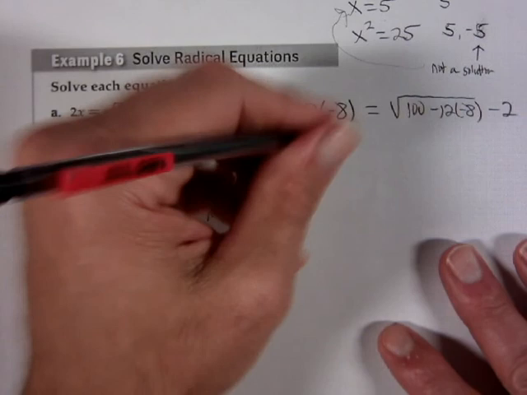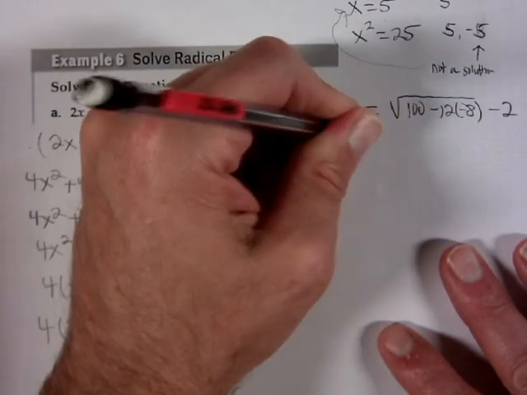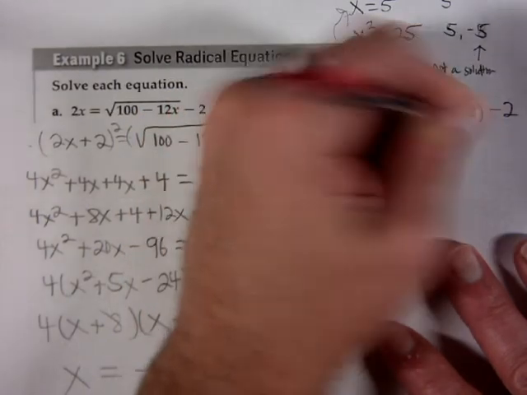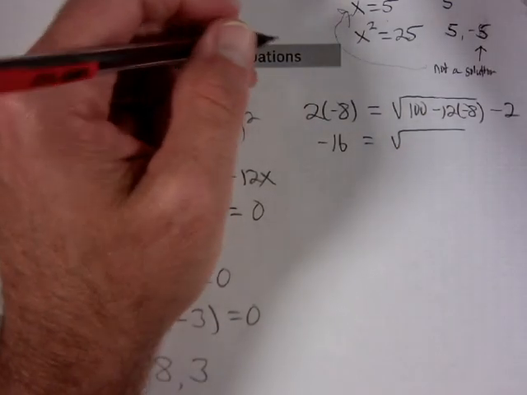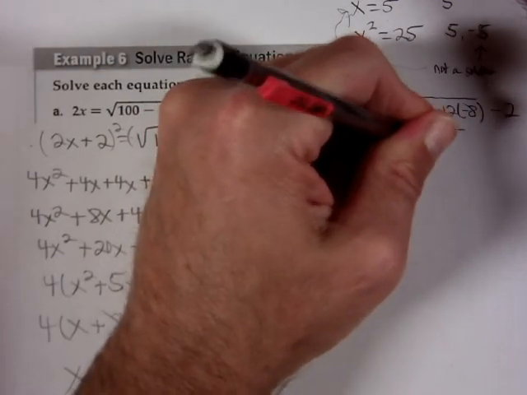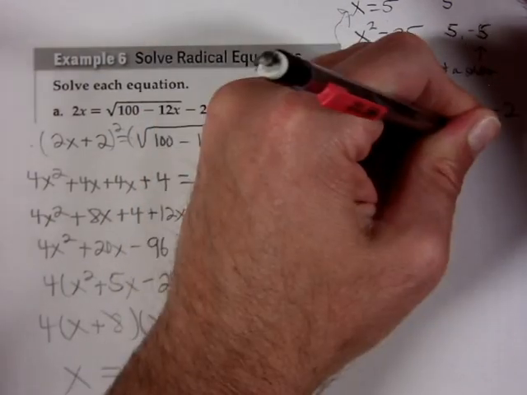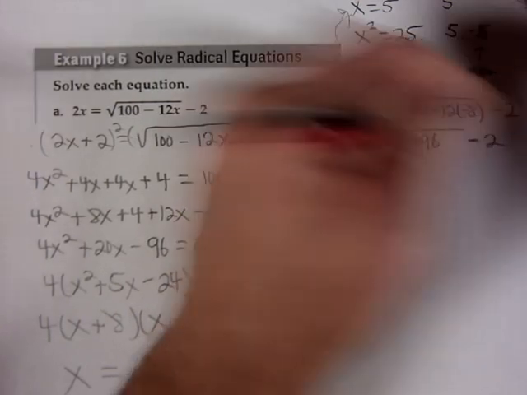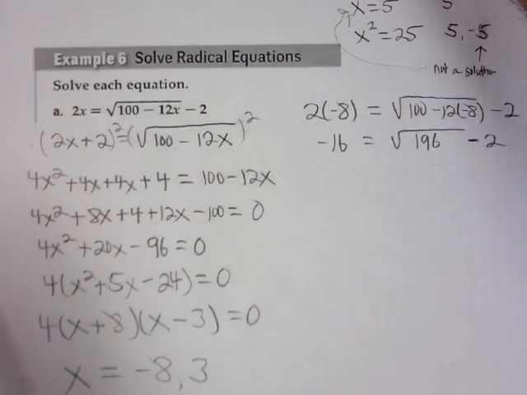Well, over here we get negative 16. And underneath here we're going to have, let's see here, negative and negative is a positive, so that would be 196. And then that would be a minus 2. And so I believe that's 14. Let me just double check that because I'm not 100% sure if that's the case.